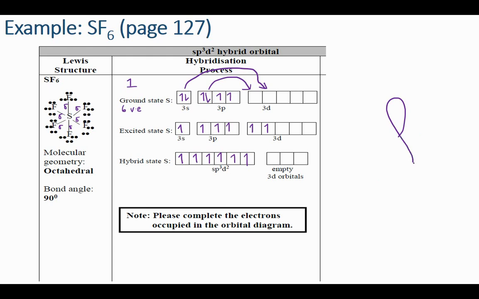Lukis. Okay, sekarang kita label. Okay, sulfur and 1 electron in each hybrid orbital.